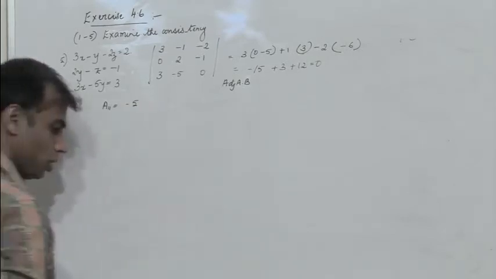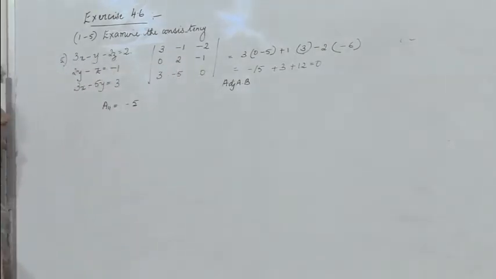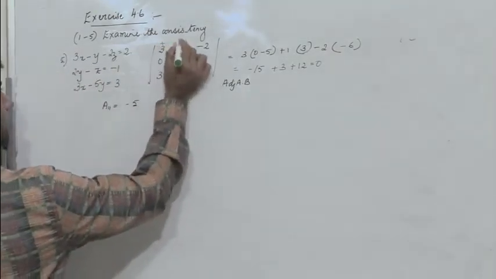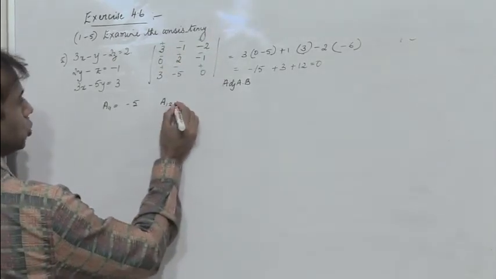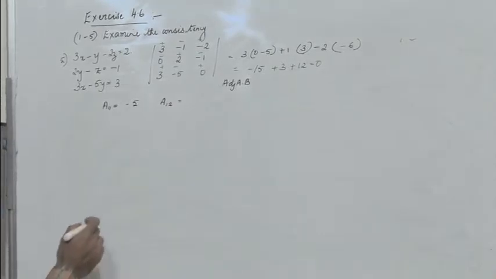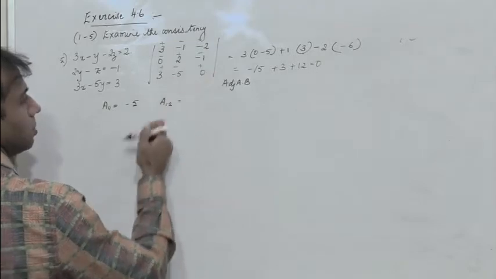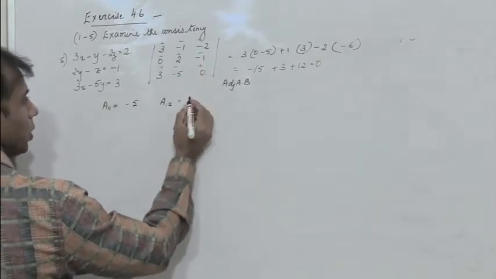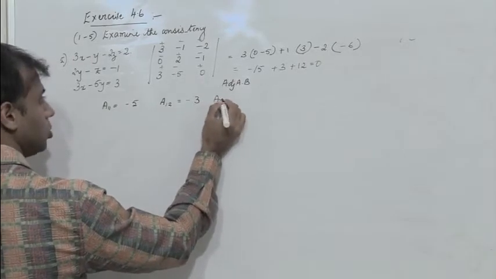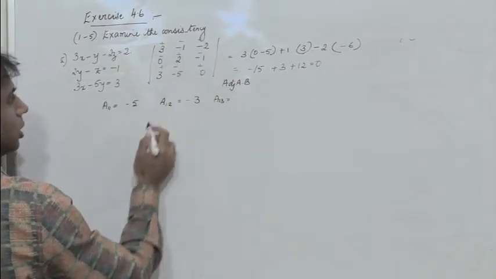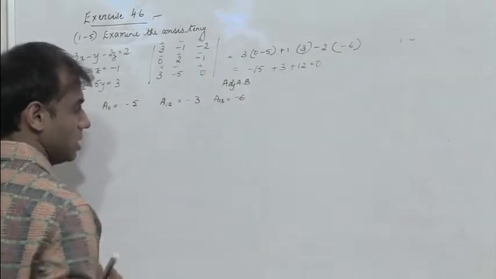So I hope you do remember the signs to write the cofactors. So this is plus, minus, plus. So I have A12 equals, so leaving the first row and the second column I get 0, minus 3 into minus 1 with a minus sign of course, so I get minus 3, and then A13 is leaving the first row and the third column I get 0, minus 6 with a plus sign, so it is minus 6.